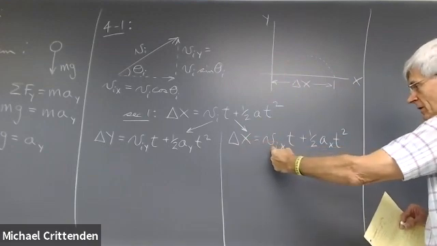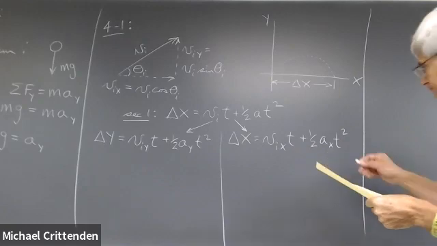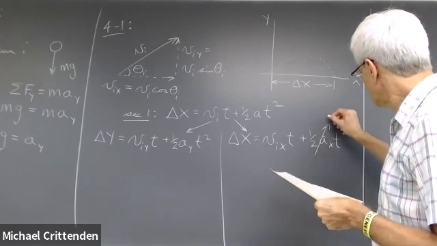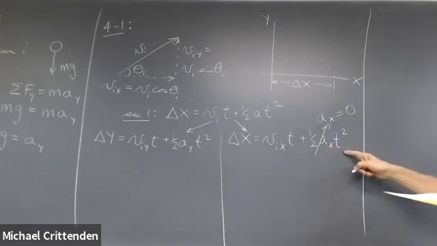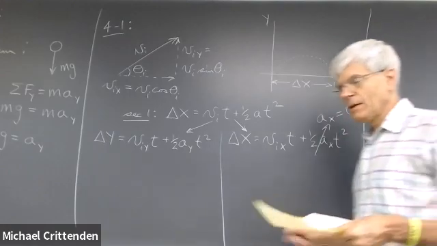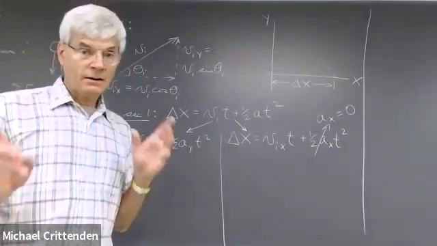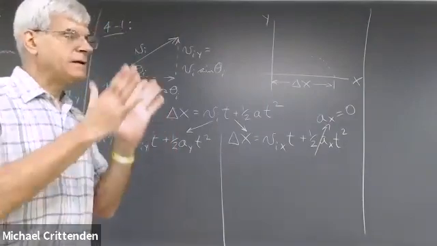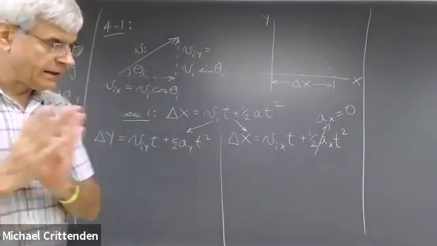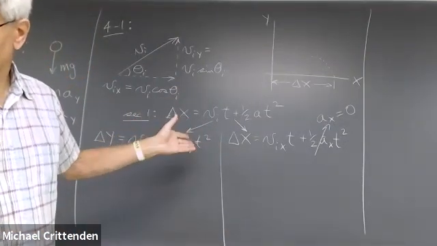So if we can fill in for all these other things, the 1/2 a t squared term is 0, okay? Common mistake. And again, think in terms of components. You need to separate the x's and the y's in your mind, or maybe even make a little table.